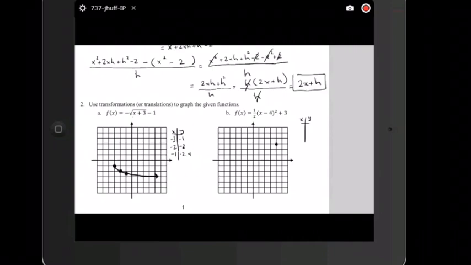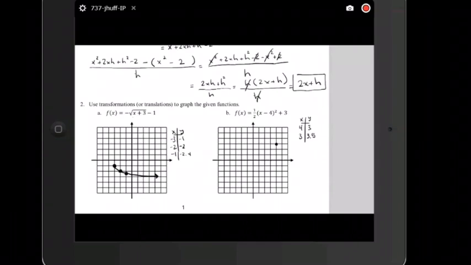So we've got the point of the vertex, 4, 3. If I plug in a 3 for x, then 3 minus 4 is -1. -1 squared is 1. And then 1 times 1/2 is 1/2. And then 1/2 plus 3 is 3.5.